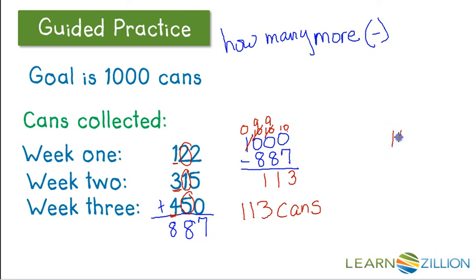So week 1, they collected about 100 cans. 1 is less than 4, so the 3 stays the same. So week 2, approximately 300 cans. And then 5 or more raise the score, so this 4 is going to become a 5.